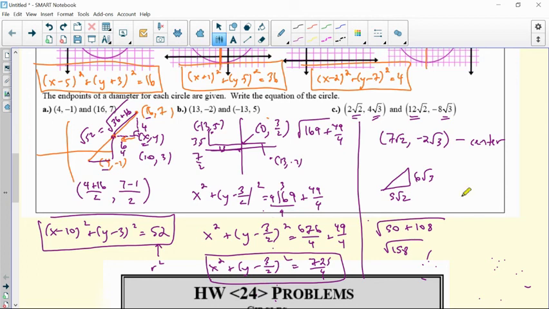So then it becomes, I guess I could write it down here, (x minus 7 root 2) squared plus (y plus 2 root 3) squared equals 158. Okay. I really apologize. It's so messy.